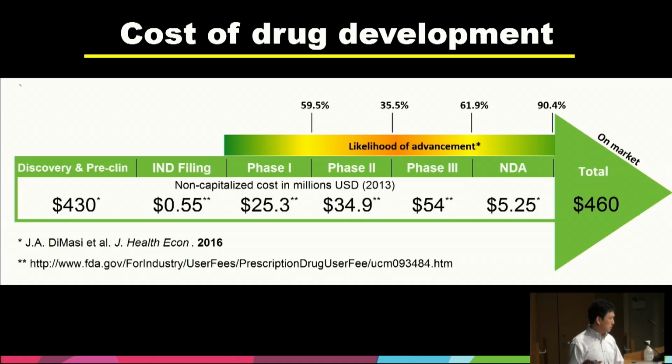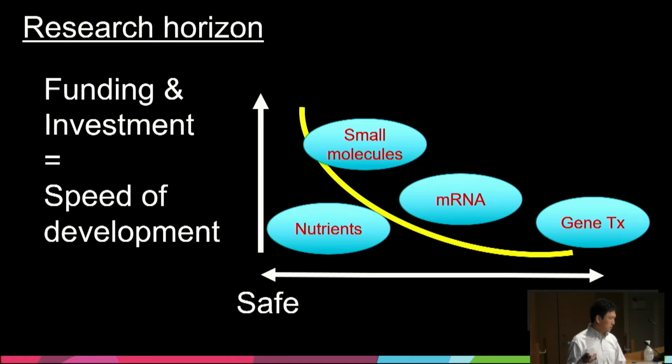And the other thing is this. The cost of drug development is astronomical. This is not $460. It's $460 million to make one drug. This is also something I was making up, but I thought it was interesting, comparing safer drugs versus high-risk drugs, and the funding goes like this.